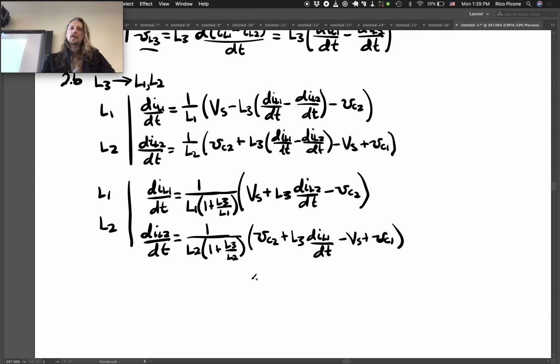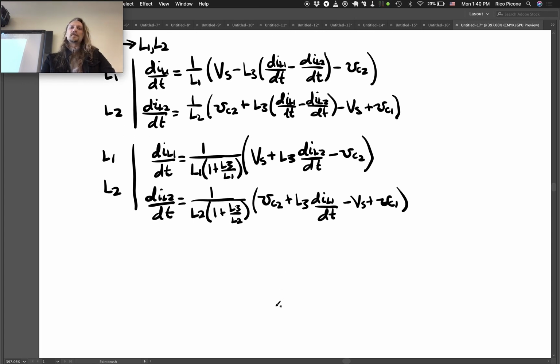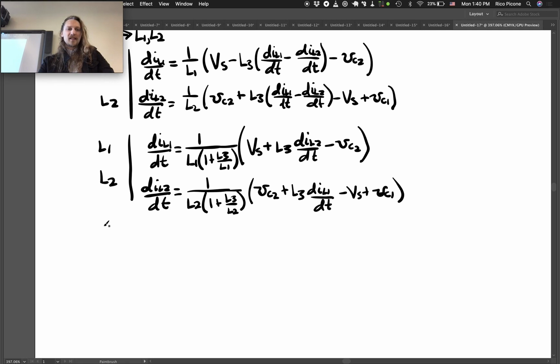One thing we can do is if we want to eliminate one of these in the other, all we have to do is plug in one into the other, right? So you plug the dIL1/dt expression in here, and we're home free, right? Just got to simplify. We can plug this L2 equation into here, and then we're home free. We just need to simplify. I am going to do that.